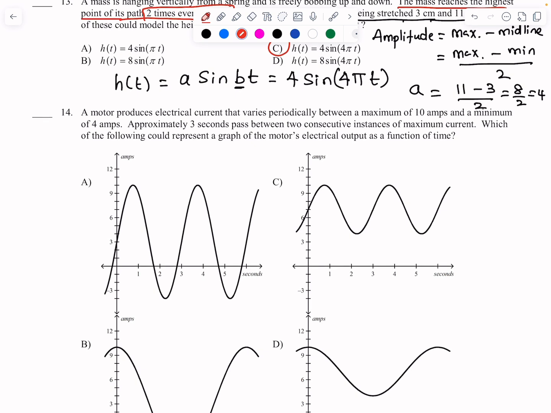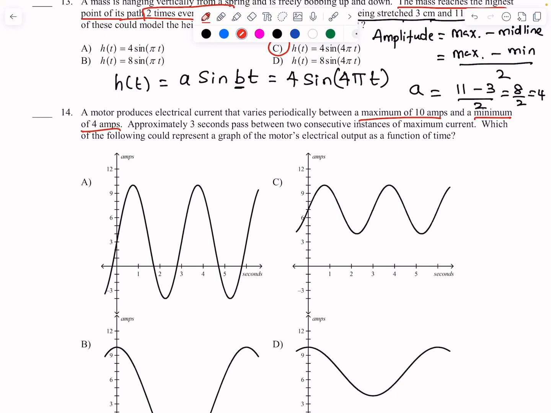For question 14, let's read question 14. So question 14 is saying that a motor produces electric current that varies periodically between the maximum and the minimum. So we're given its maximum, and then we're given the minimum too.